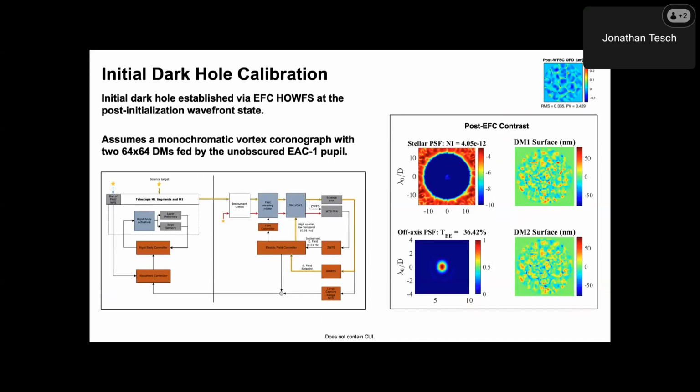So if we have this notional 35 nanometer wavefront target that we are maintaining with rigid body control, we then simulate electric field conjugation against that wavefront. And again, using a very notional early coronagraph design, so 64 by 64 DMs. And again, this is a noise-free, no radiometry case, just showing that we can establish a very nice dark hole based on that 35 nanometer initialized wavefront state.